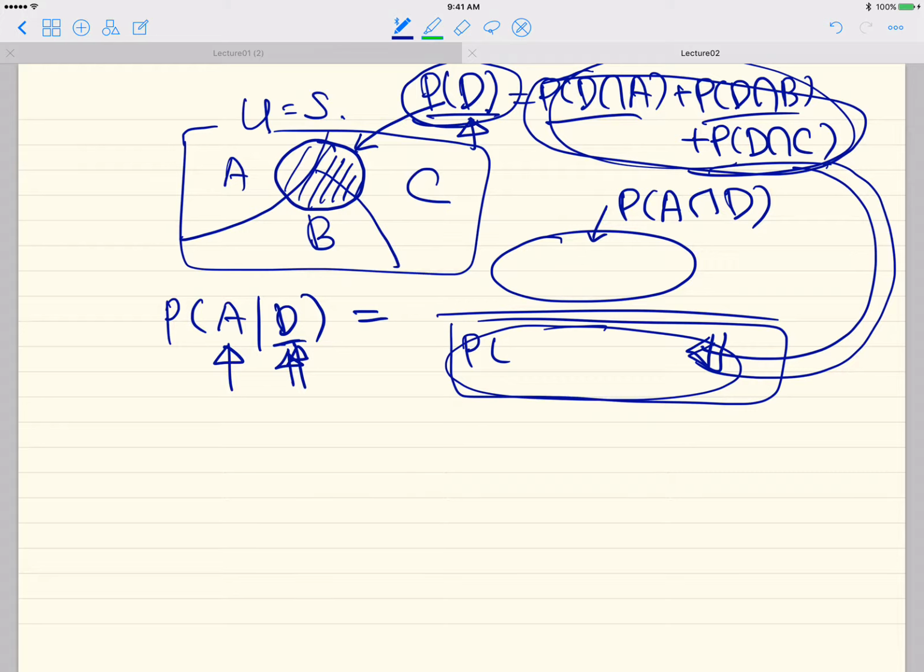this part is actually the area of this circle. Okay, the circle is represented by these three parts. So the sum of those three elements is represented by this.